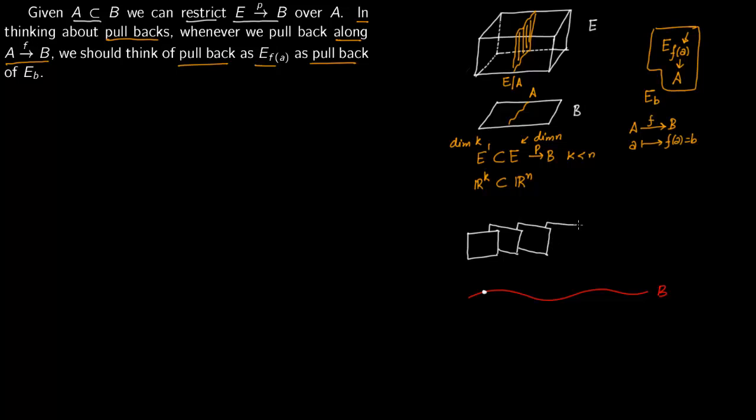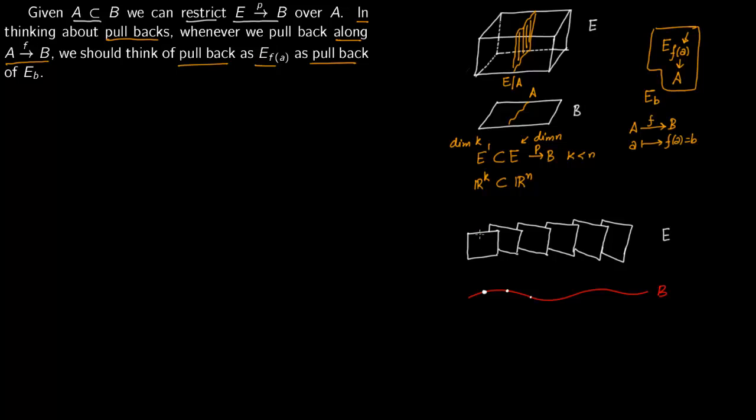We cannot draw all of them, so we are just drawing some of them for presentation's sake. So you have these bundles E on this space. Corresponding to this point you have this bundle, corresponding to this point you have this, corresponding to this point you have this.